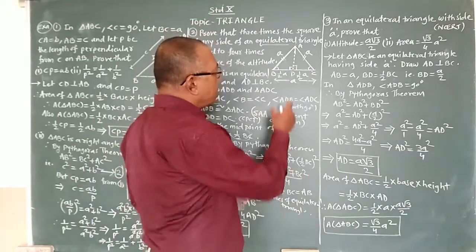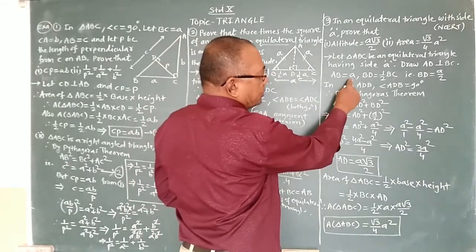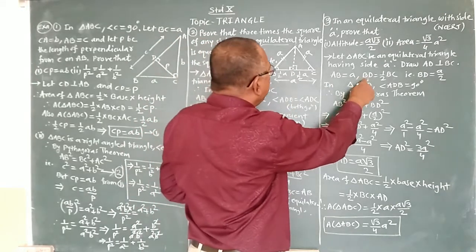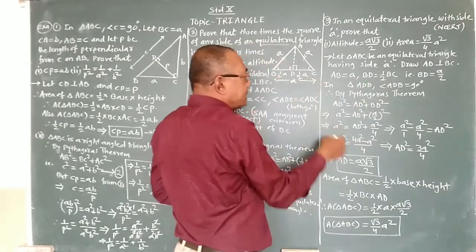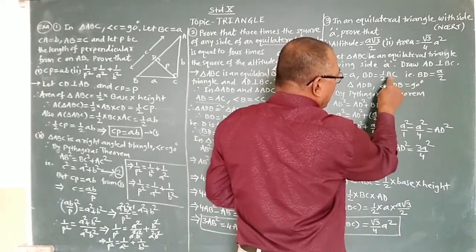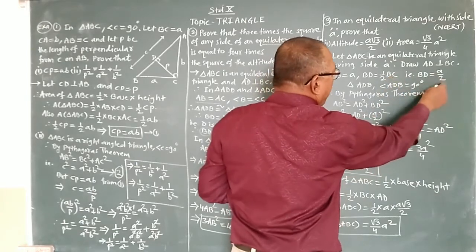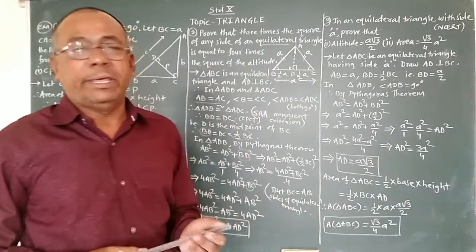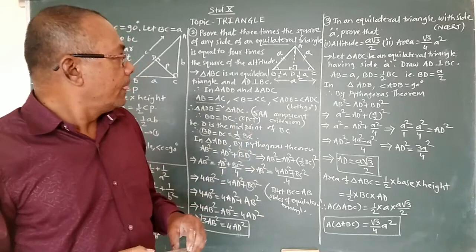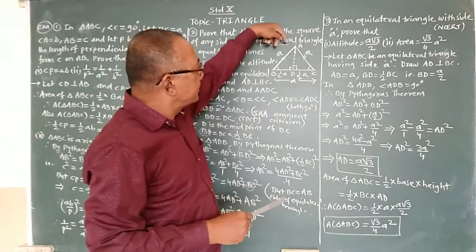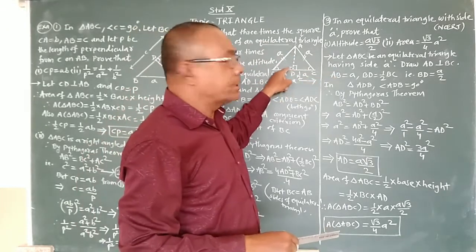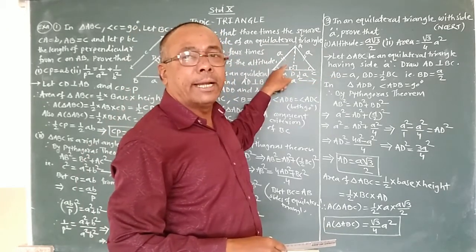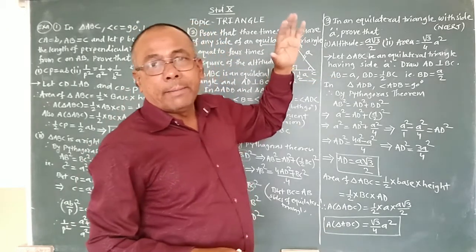Then AB is equal to A, and BD is equal to 1 half of BC, that is A upon 2, so BD is equal to A upon 2. Now we have to consider the triangle ADB, and it is a right angle triangle.